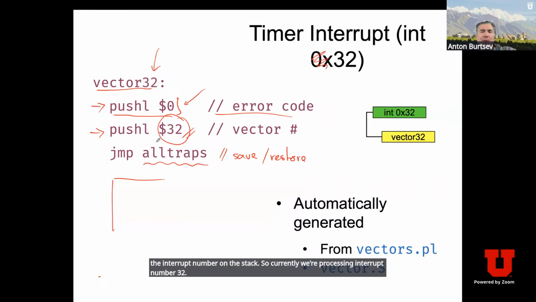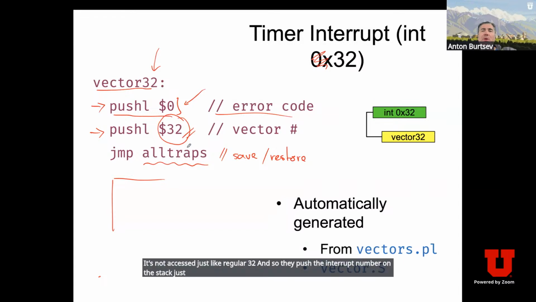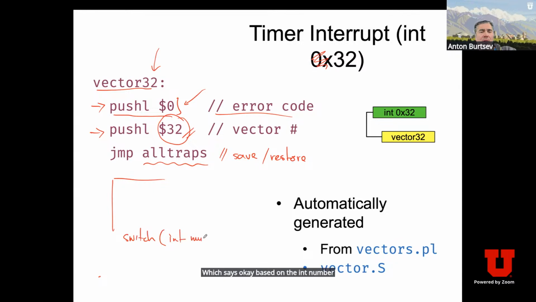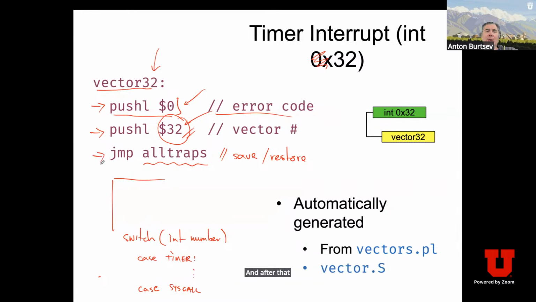Maybe later in the code we'll have a switch based on the interrupt number: if it's a timer, we will do some timer processing code; if it's a system call, we'll do something else. So later on we will do a switch case on this number, but now we're just pushing it on the stack to make sure that we remember it. And after that, we're just jumping into alltraps. By the way, you say, look, it's assembly code.